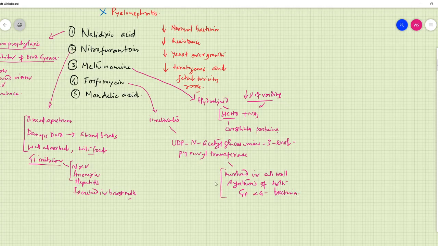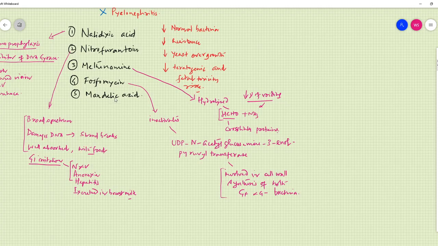So that is the mechanism of action of fosfomycin. It is given per oral and it is absorbed, and the activity persists for about 24 to 48 hours.